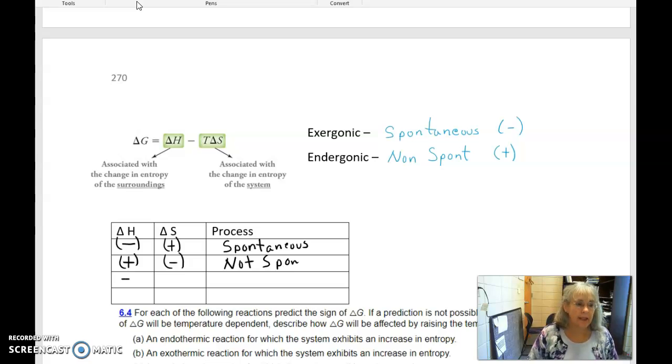What if they're both negative? If they're both negative, then the delta H will be negative, but this term, the negative of a negative, will be positive, and so we'll have a temperature-dependent reaction.